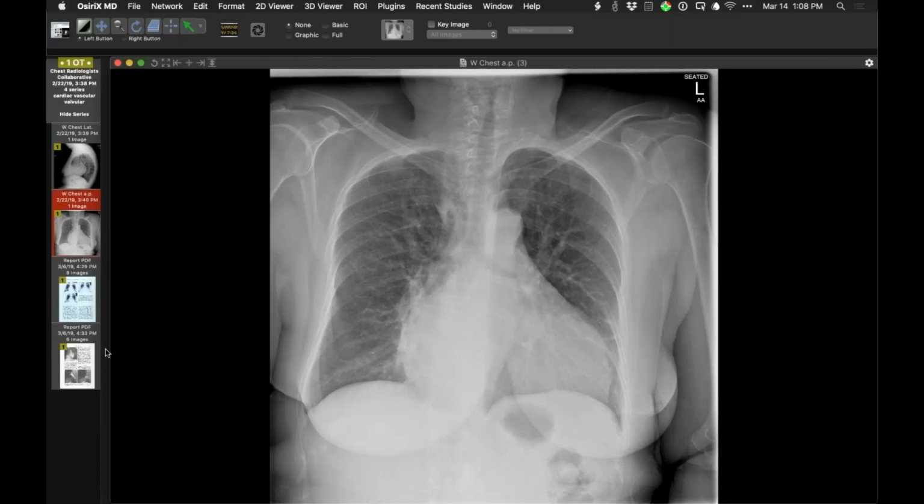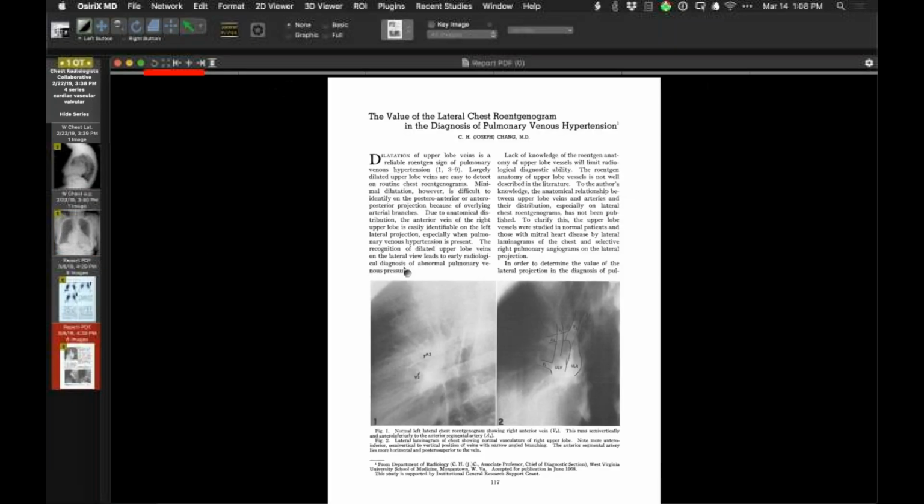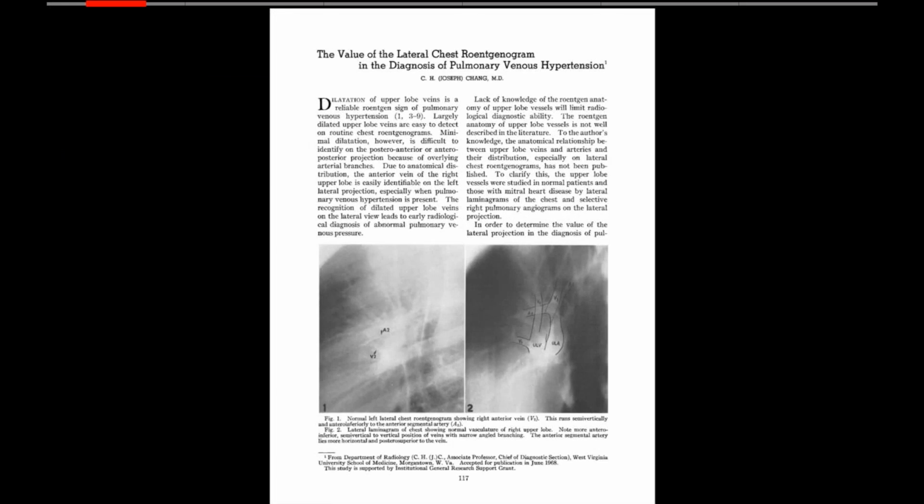I want to show you quickly that Leif some time ago shared with me this article from the days before CT. So this is in 1968, I think, where a person actually tried to identify and separate the location of pulmonary veins from arteries on lateral radiography of the chest, which of course is not something we usually do.